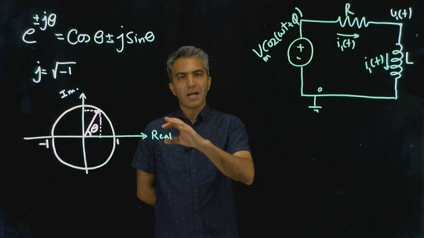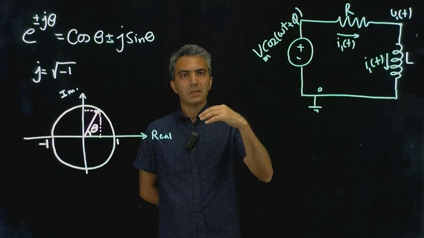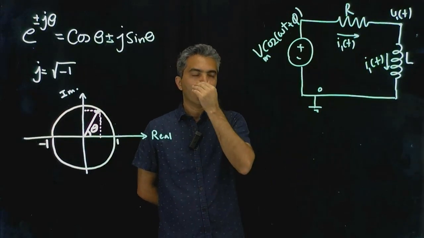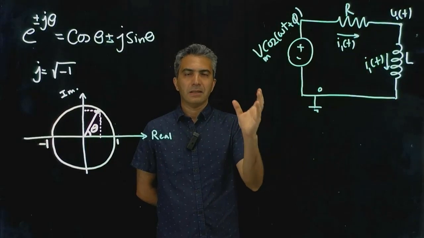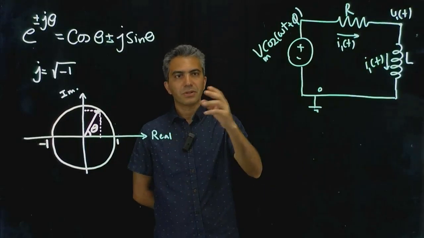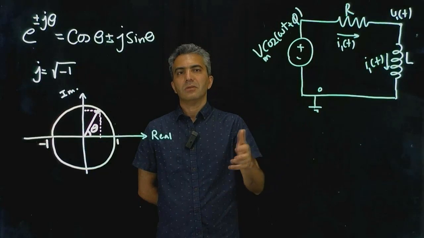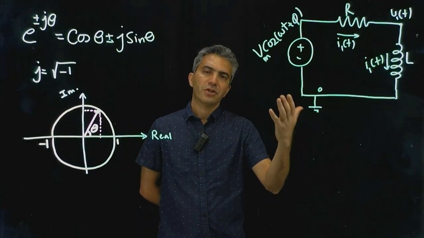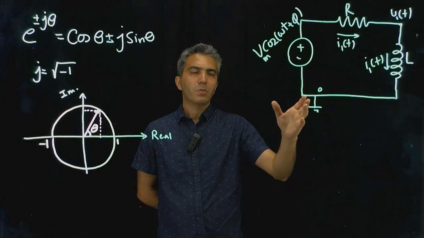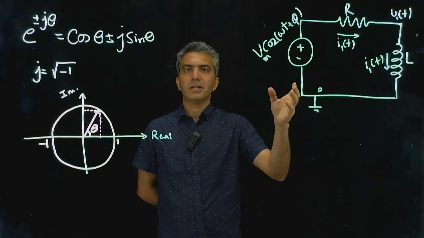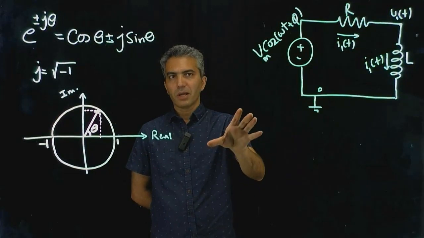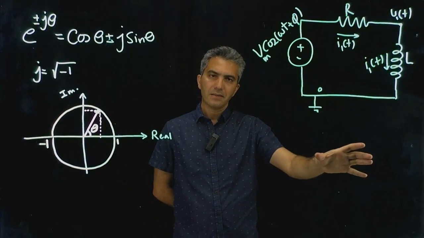One is the transient component with an exponential function that generally speaking dies out, and the other component is an alternating voltage or alternating signal or current. And generally speaking, a lot of times electrical engineers are interested in that steady state that is not going to go away, as opposed to the transient component.